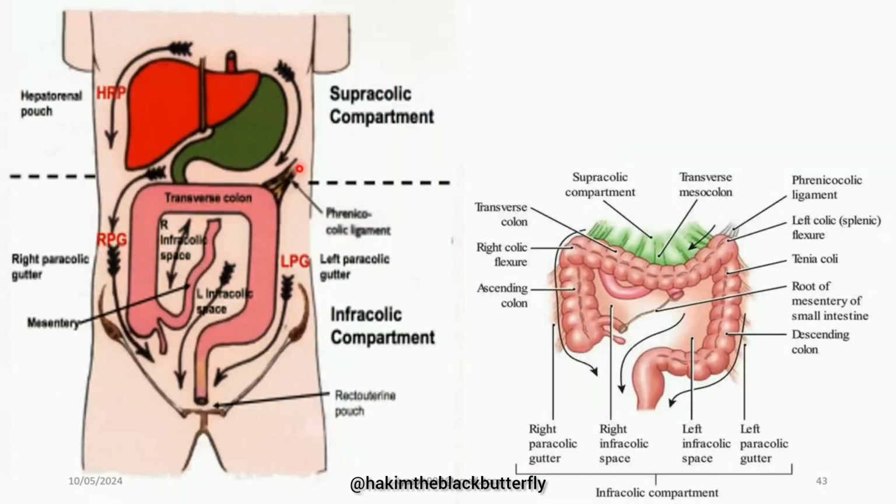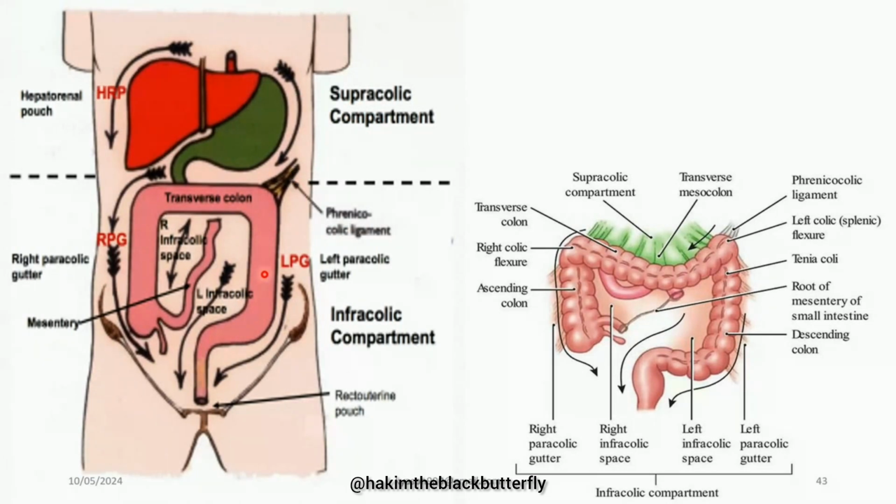Okay, so if this is your transverse colon, yes, we know you have the transverse mesocolon there, connecting your transverse colon to the posterior abdominal wall. Above the transverse mesocolon, this whole compartment of the greater sac is called the supracolic compartment. Below the transverse colon, or below the transverse mesocolon, this whole compartment of the greater sac is called the infracolic compartment. Okay, the supracolic compartment is up, the infracolic is below.